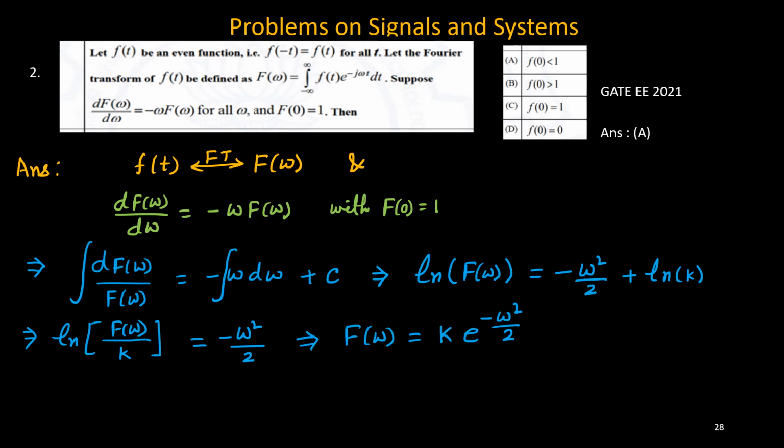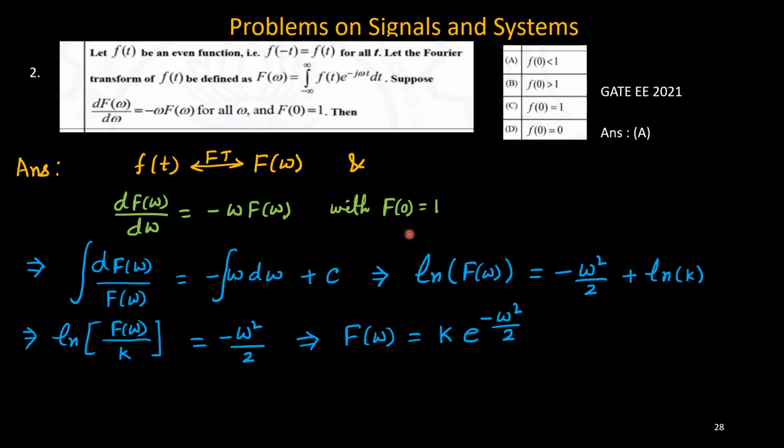So F(W) equals K times e to the power minus W square by 2. So this is K times exponential of minus omega square by 2. Right? So this is the function F(W).